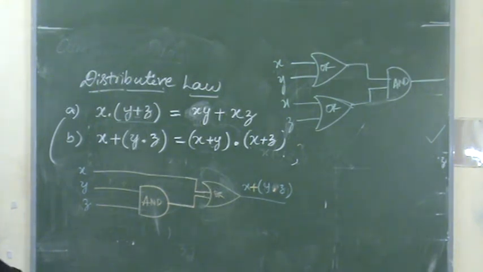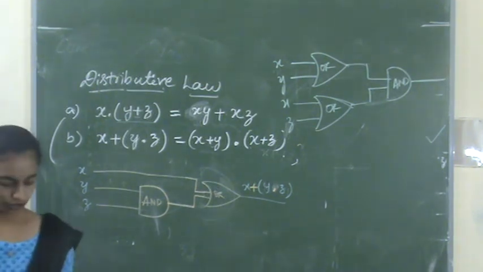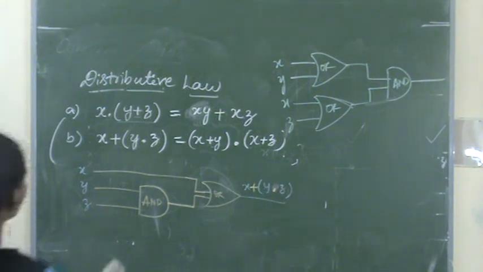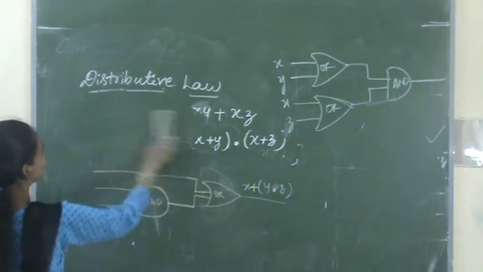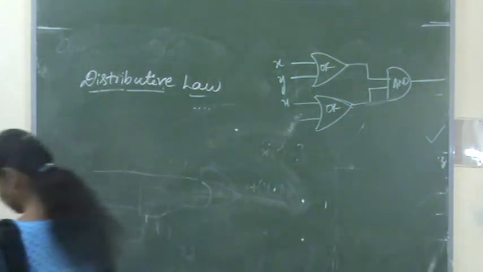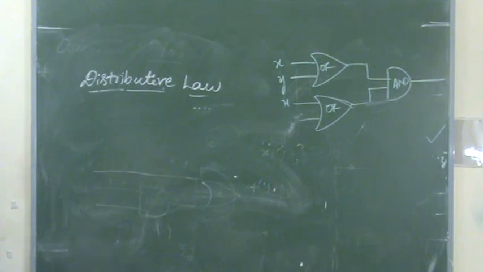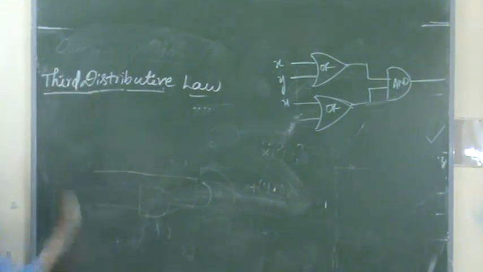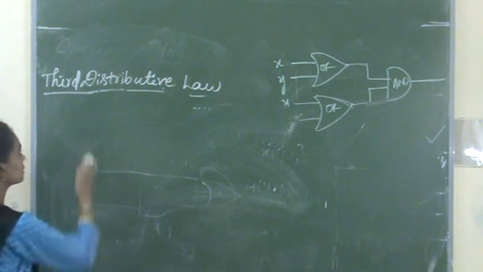So then last we have the third law. Last property, that is the third distributive law.